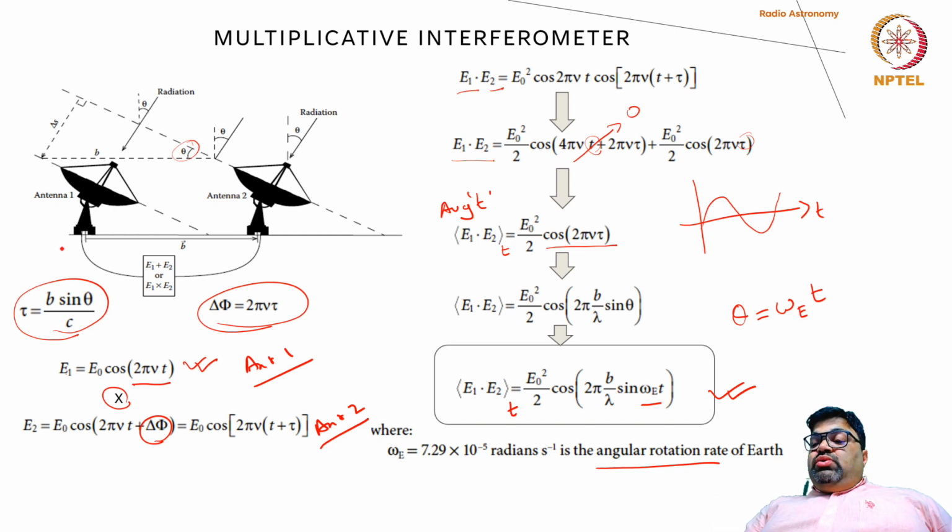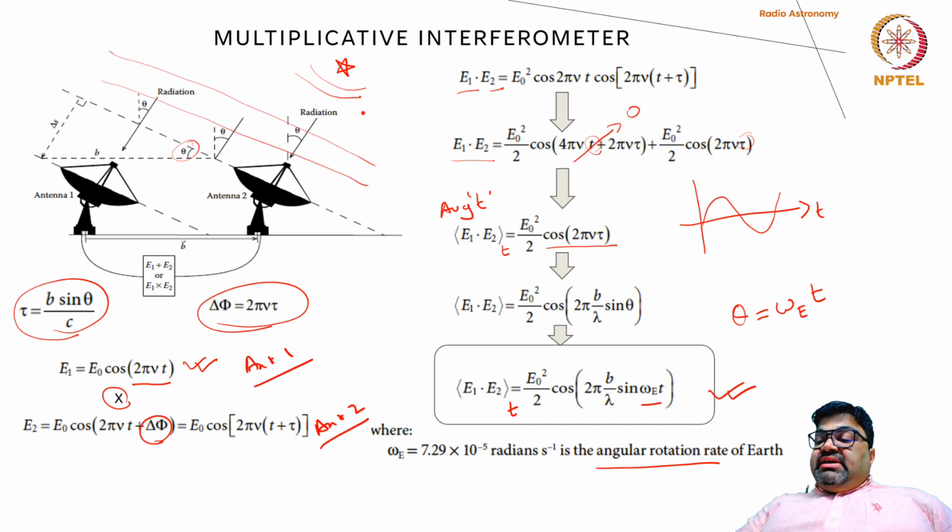So two antennas looking in one direction towards a radio star or radio source get the spherical waves which are emanated from the star, but because they have traveled over a large distance up to infinity, the spherical waves transform into plane waves.